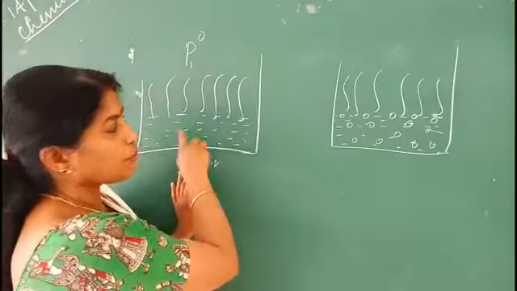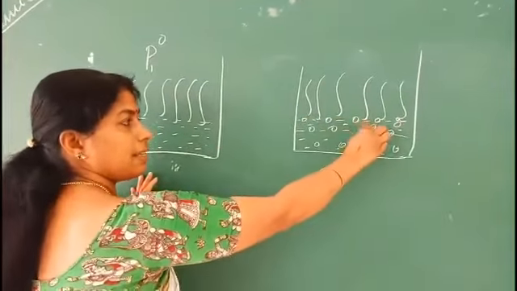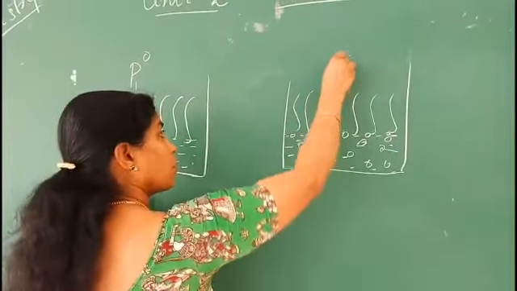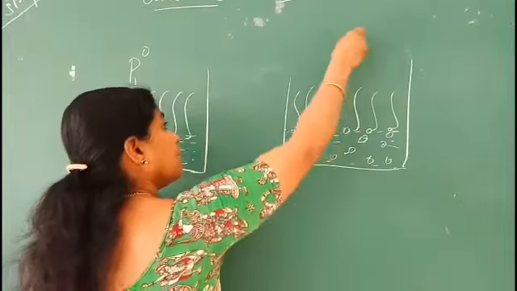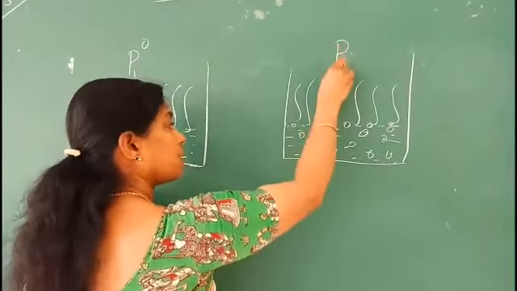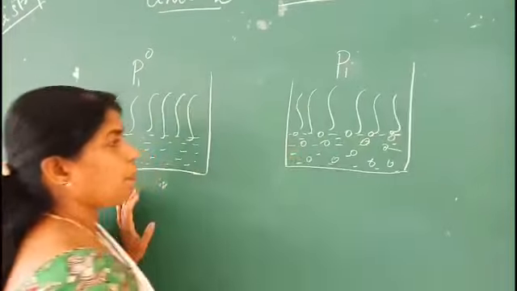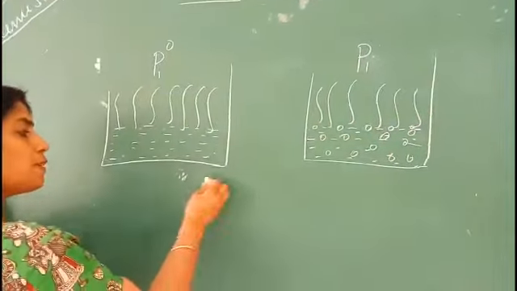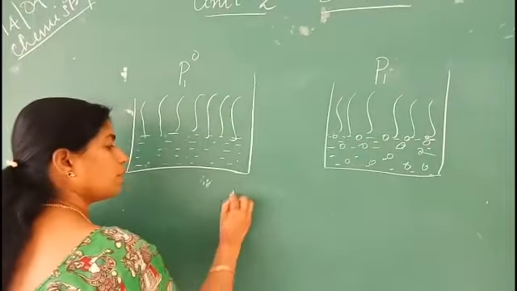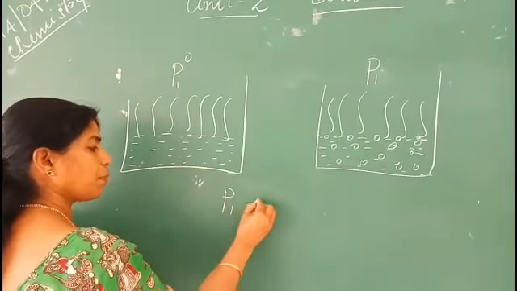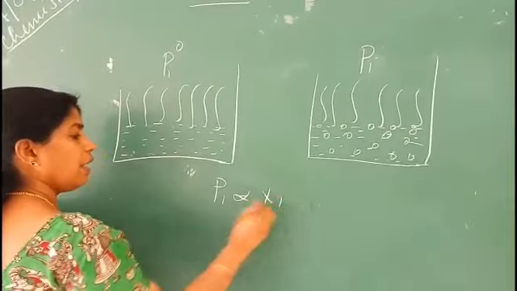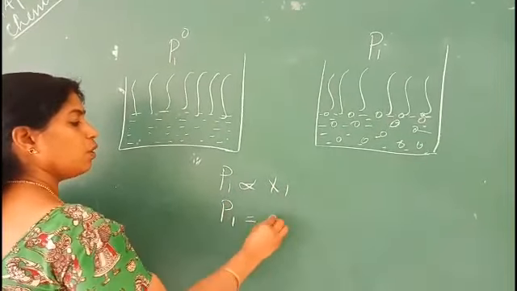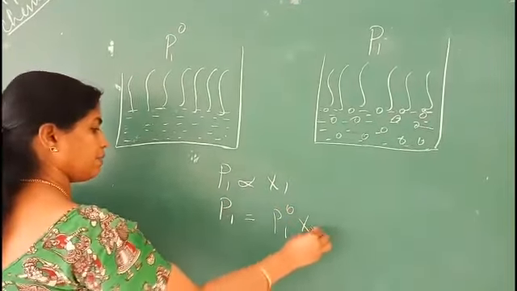As the number of moles of volatile component decreases in solution, vapor pressure also decreases, and now we can call the vapor pressure of this solution P1, or the partial vapor pressure of the solution. So according to Raoult's law, P1 is proportional to X1, or P1 is equal to P1 naught X1.